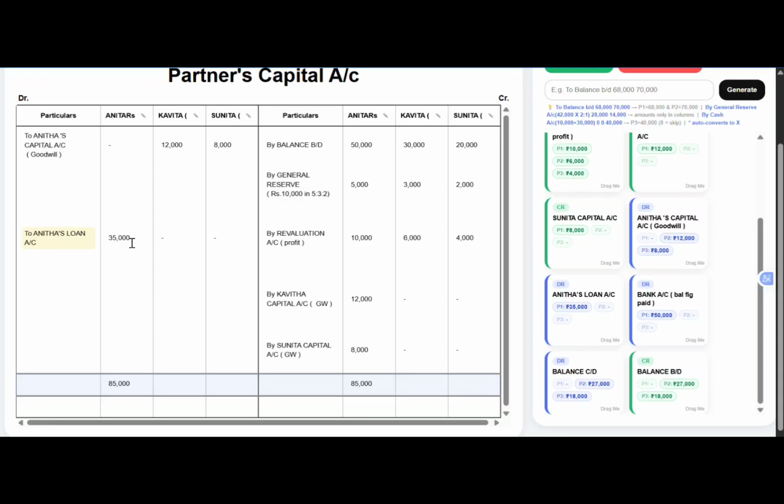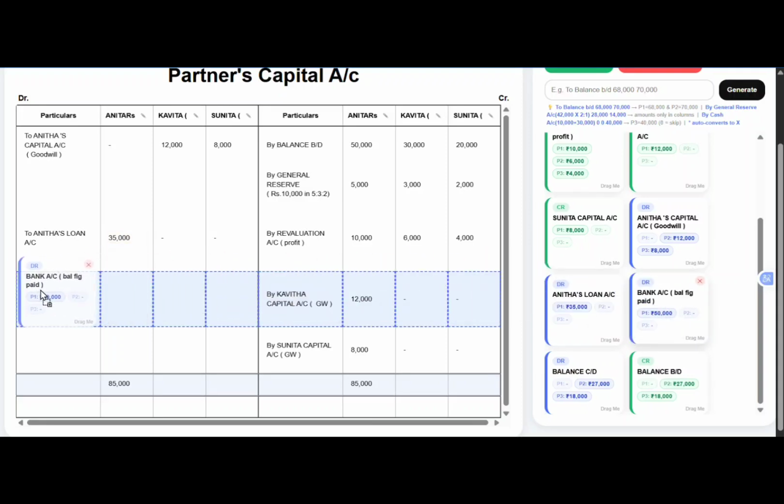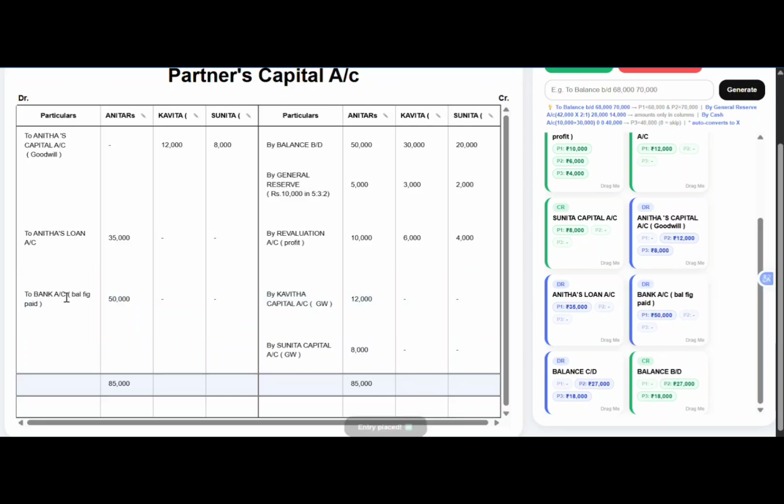Out of the total amount that has to be settled, 85,000, 35,000 rupees should be kept as loan account, and the balance amount, that is 85,000 minus 35,000, that is 50,000 rupees, will be paid through bank. So we are going to write Anita's account and settle her account by paying through bank, that is to bank account, the balancing amount 50,000 is paid to her.